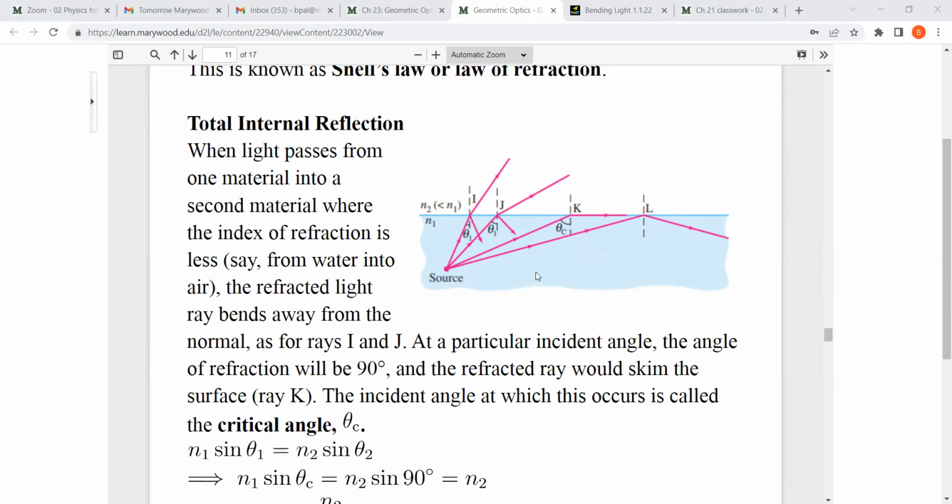Remember that the first condition to see total internal reflection is that light should go from high index of refraction to low index of refraction. Water has a higher index of refraction than air, so we can see total internal reflection.